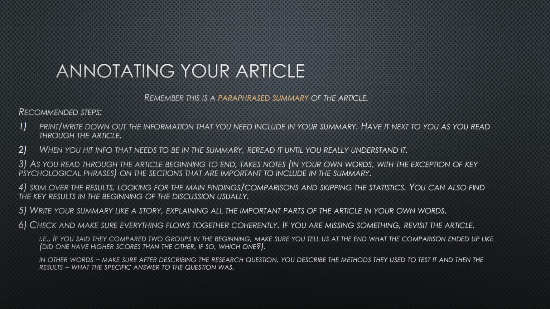Then later on, when you're describing the results, you need to let us know and answer that question that you outlined earlier, whether their results indicated that the same diagnostic criteria could be used. Is it effective on both male and female elementary school students?